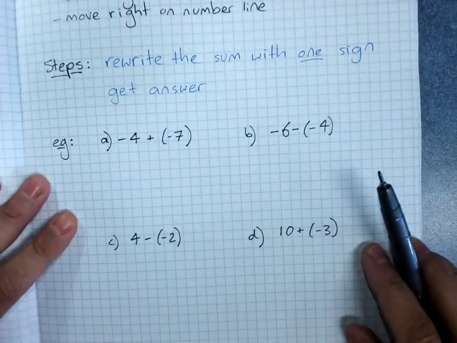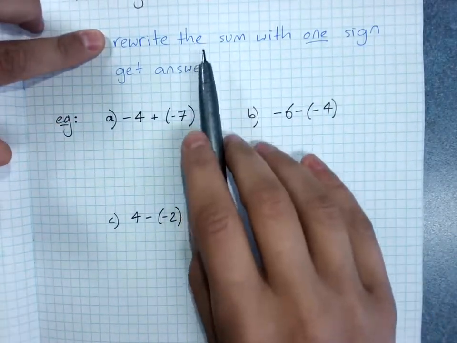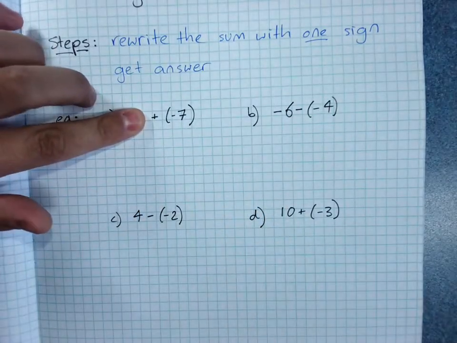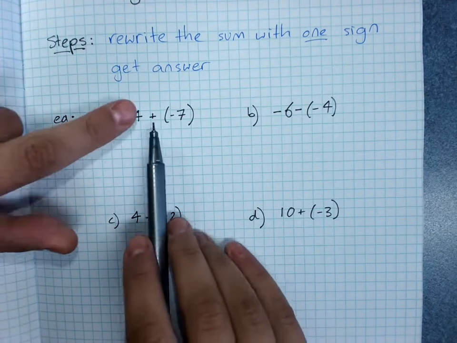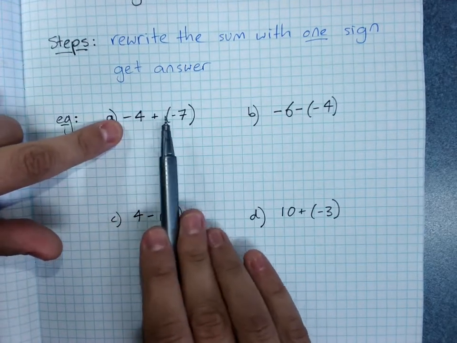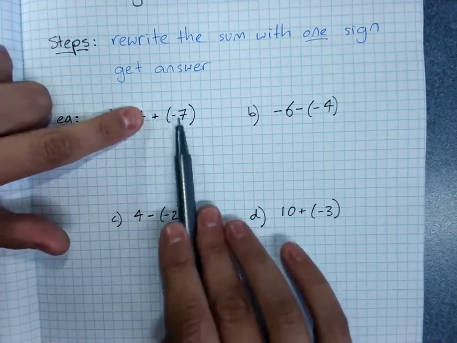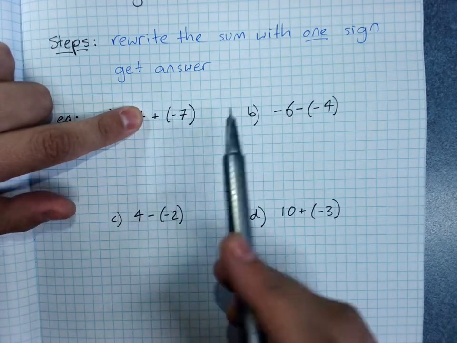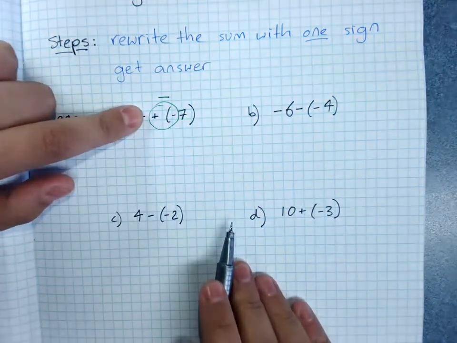So here's some examples. Remember, first rewrite the sum with one sign instead of these two. It's often a good idea to circle them and to write over it what it's going to be. -4 plus -7. Now this is -4, that stays as -4. It's this when there's two signs touching each other. Adding a negative is the same as taking away.